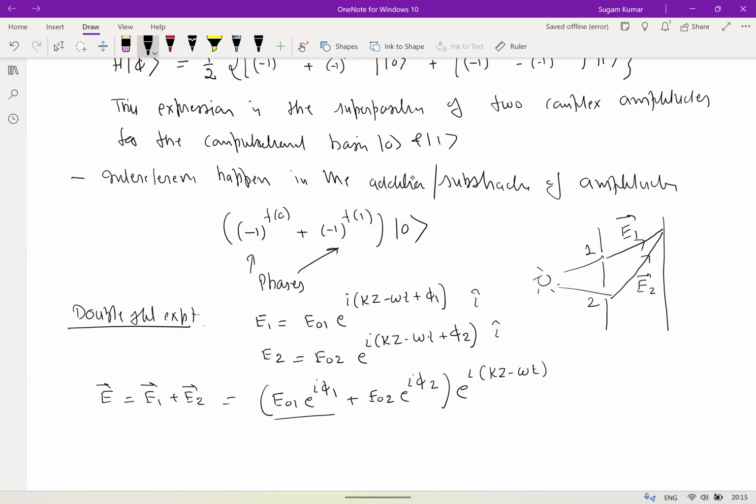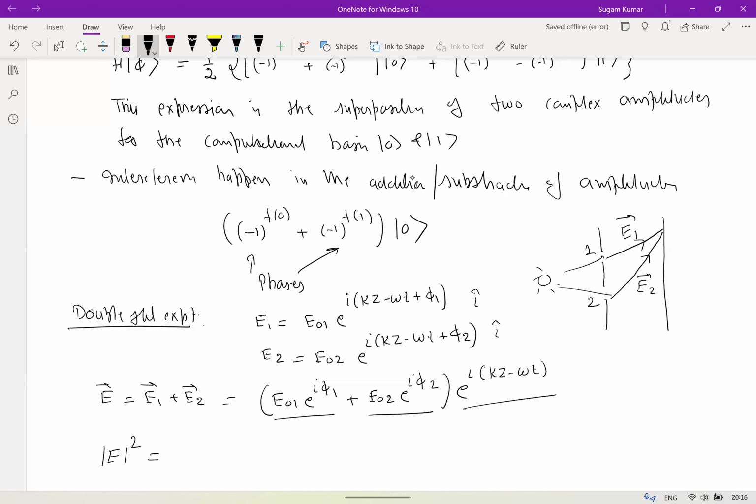You see here, amplitudes are with the phases. And finally, these phases will decide. Now if you go for the intensity, which is equivalent to a probability in the case of our quantum system, when you square it, this part is gone completely.